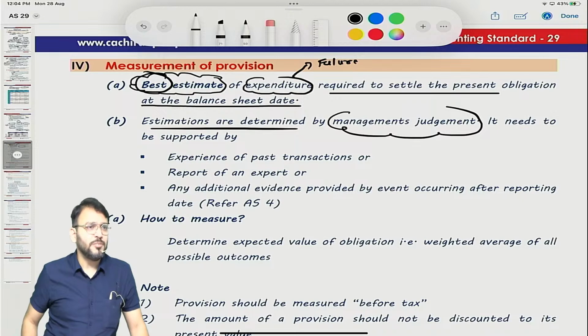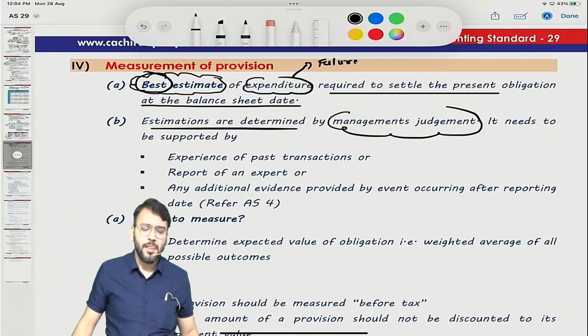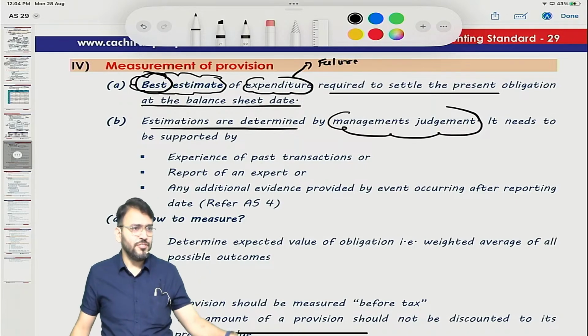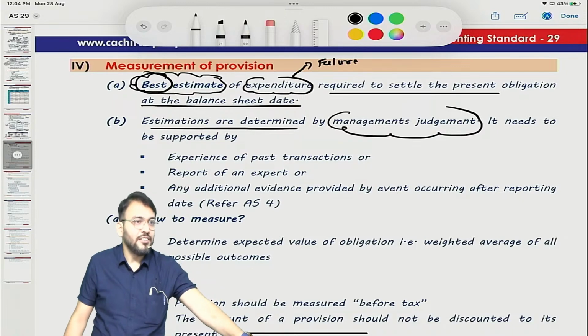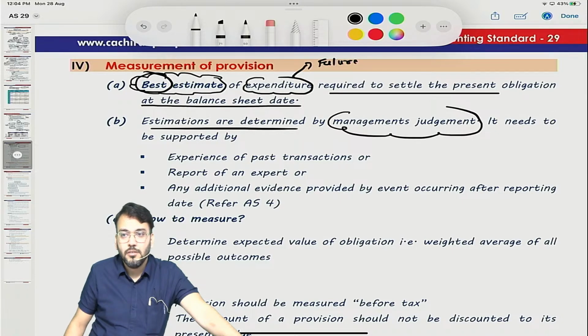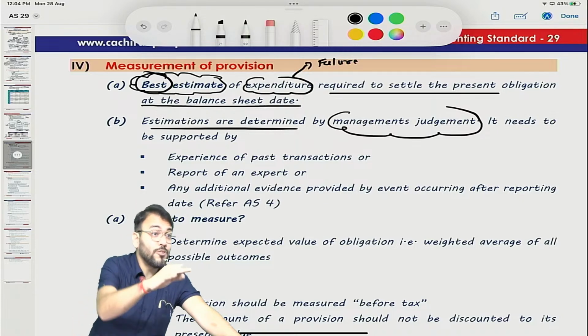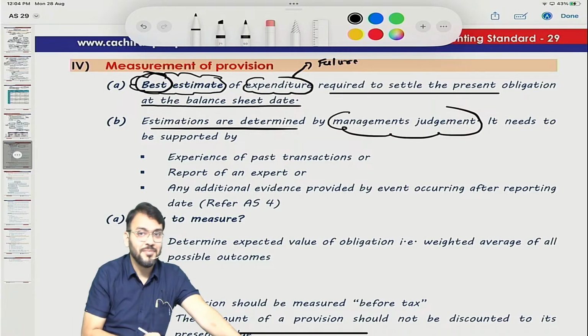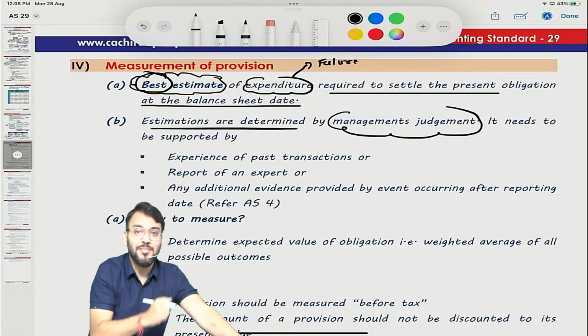It should be based on management judgment, but then they can say anything. They will give a wrong estimation. It should not be like that. Means I say right now you are studying, how much marks will you score in accounts? You are saying 99. You can say any marks. So can you see it should be supported by some evidence also? You need to give me evidence of how much marks you scored in a past test paper.